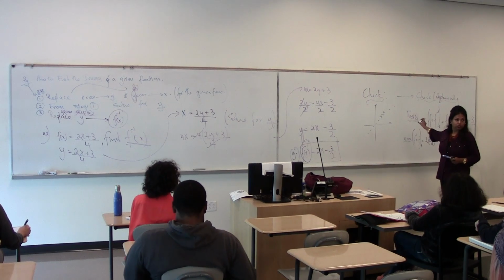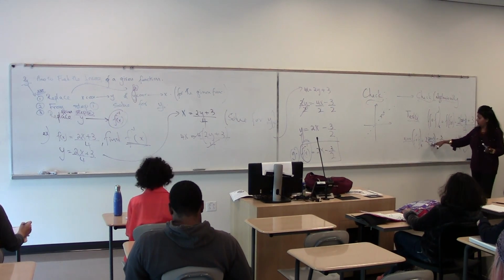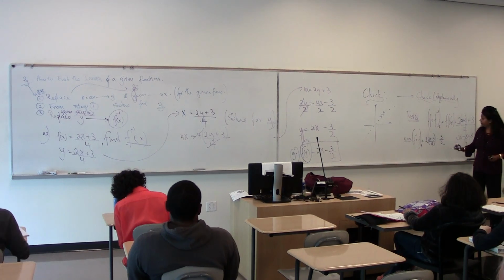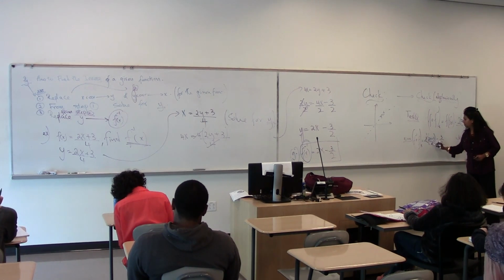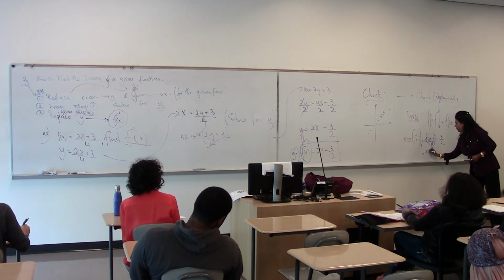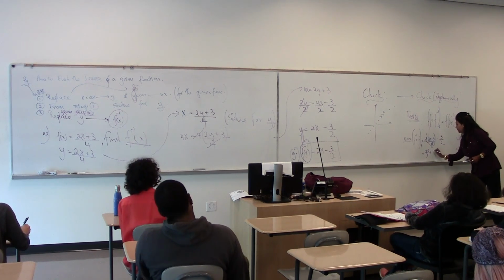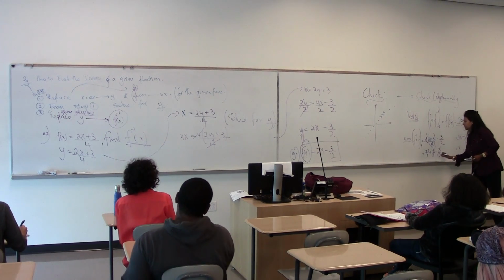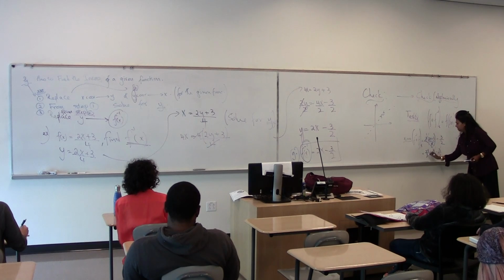So make sure that you have different colors here. Cancel. So now we are going to rewrite this 2x over 2 plus 3 over 2 minus 3 over 2. These get cancelled.